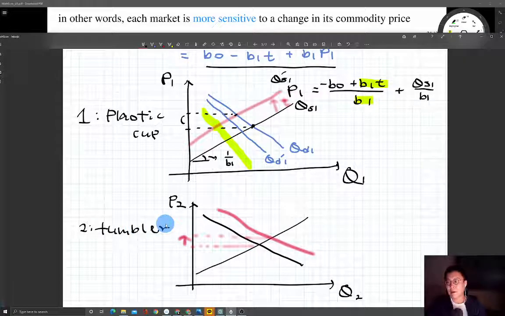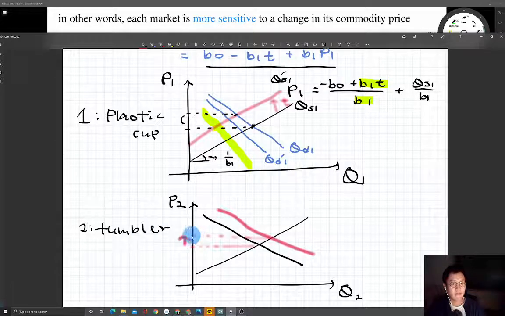And if you are very sensitive to a change in the price of the tumbler, then you may be reluctant to purchase it. The price of a tumbler goes up by $10, but you can keep using that tumbler once you buy it. So we are not comparing the 50 cents and $10, but just imagining how sensitive you are to the change in price of a tumbler.